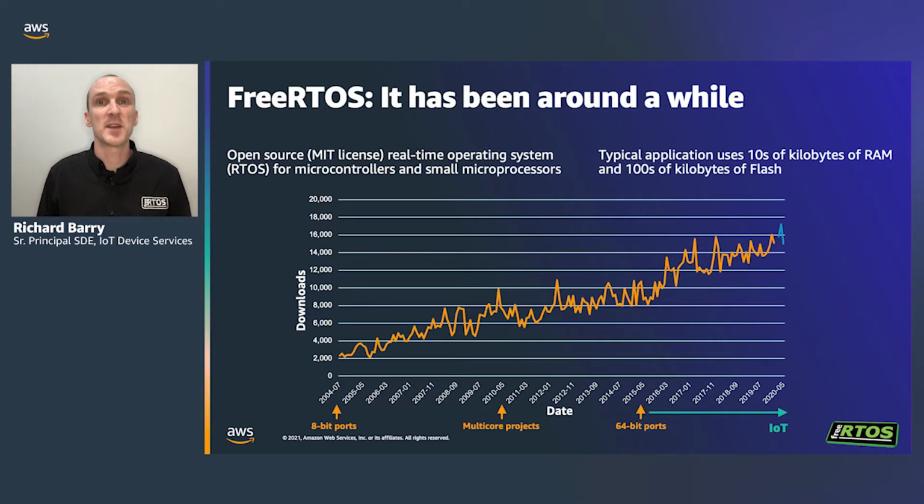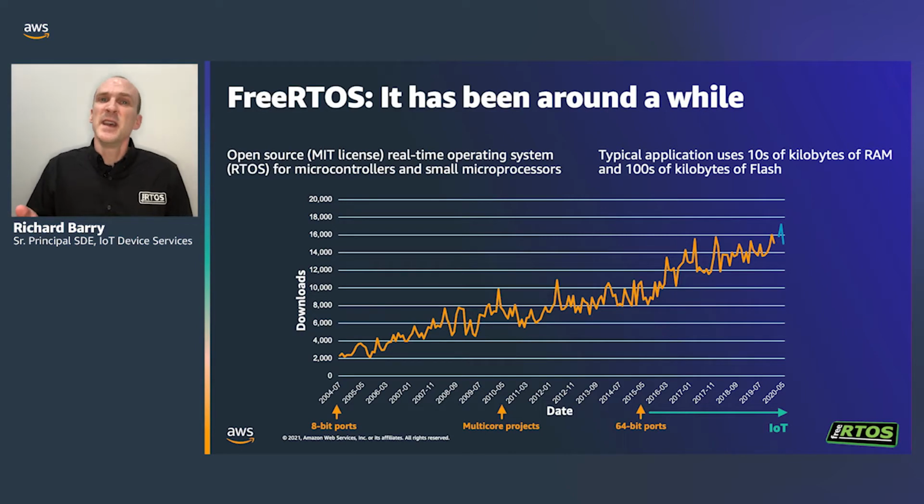Now, I've worked on FreeRTOS for about 18 years. I normally show this diagram to demonstrate the growth in the number of downloads of FreeRTOS over those years. It's downloaded about once every 170 seconds at the moment. Now, I've augmented this with a little bit more information here, and it's worth pointing out that FreeRTOS is a small system.